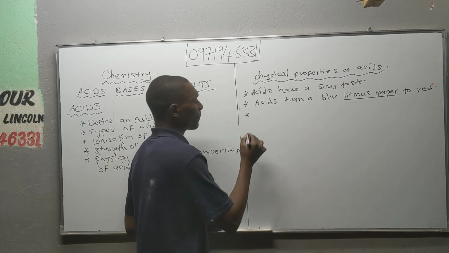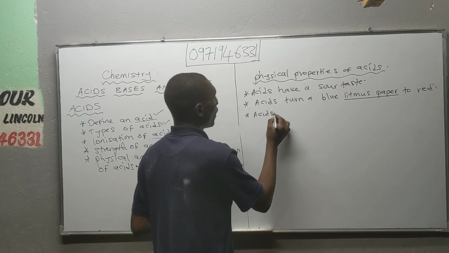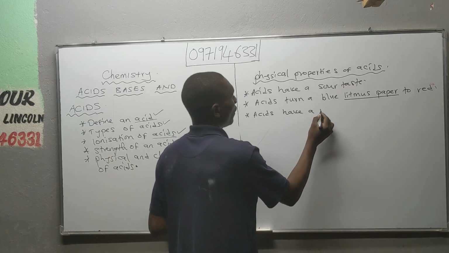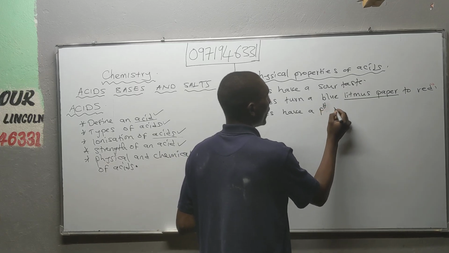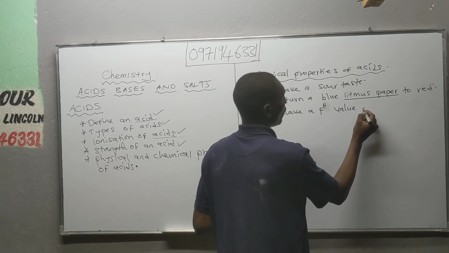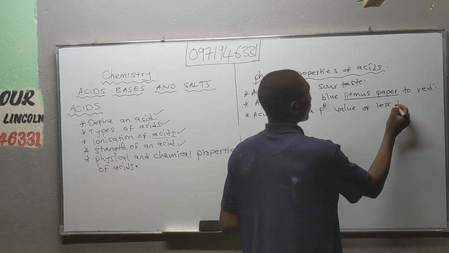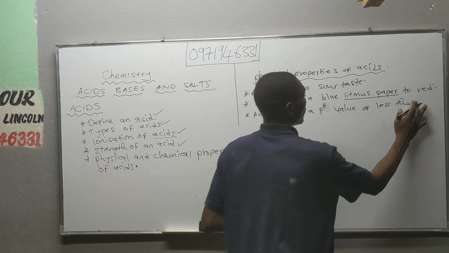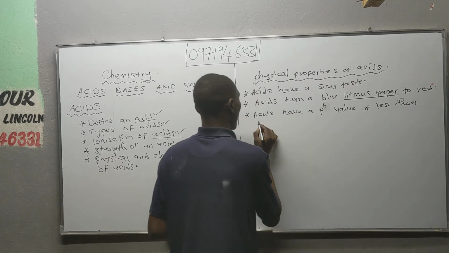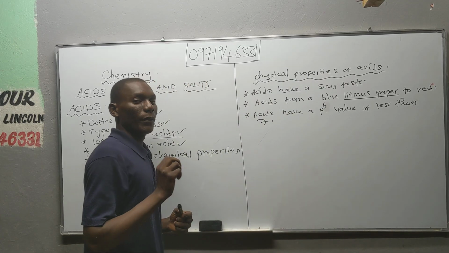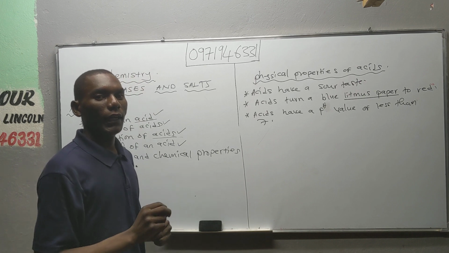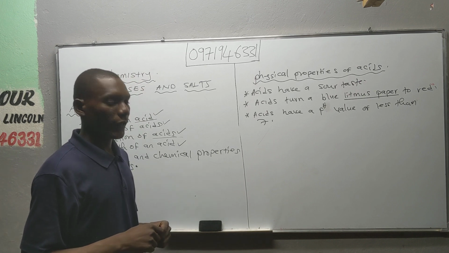Then number 3, acids have a pH value of less than 7. Acids have a pH value of less than 7.